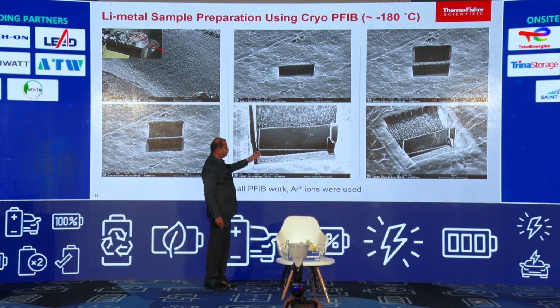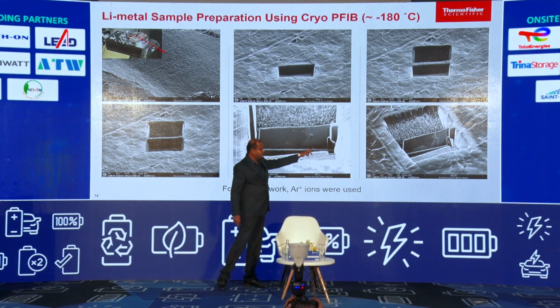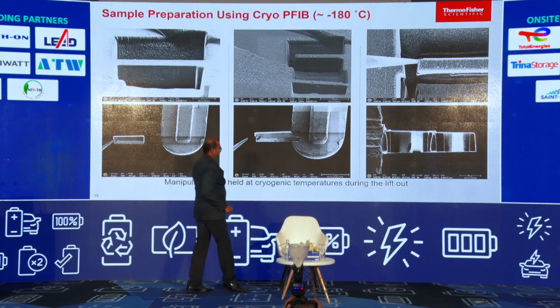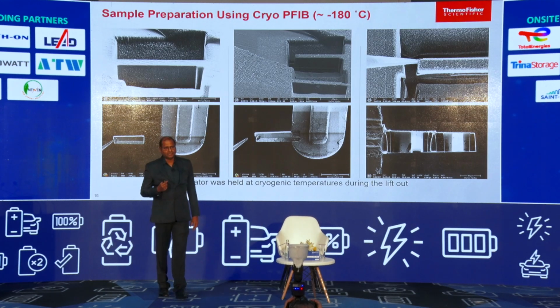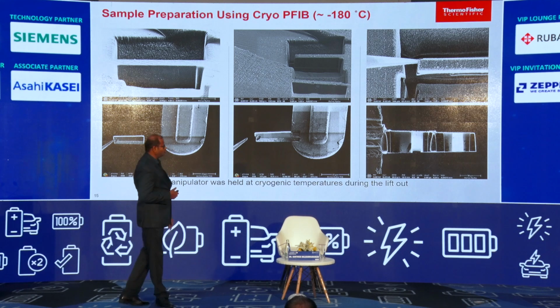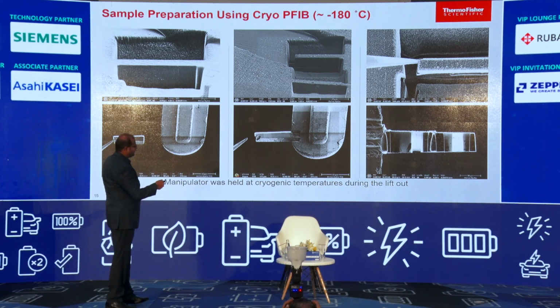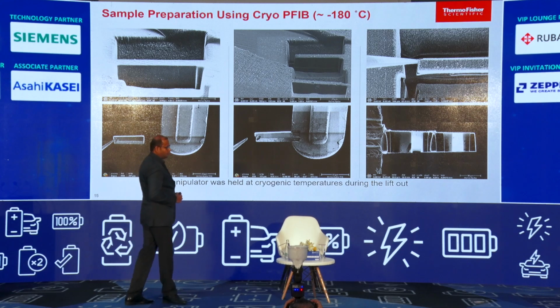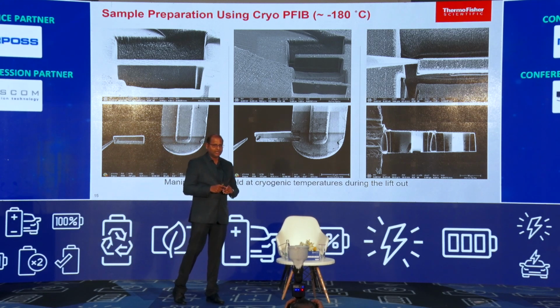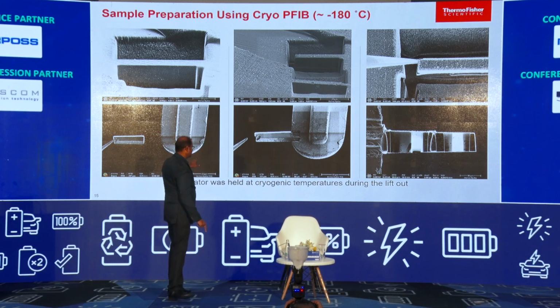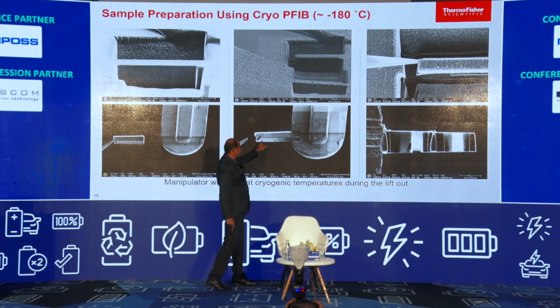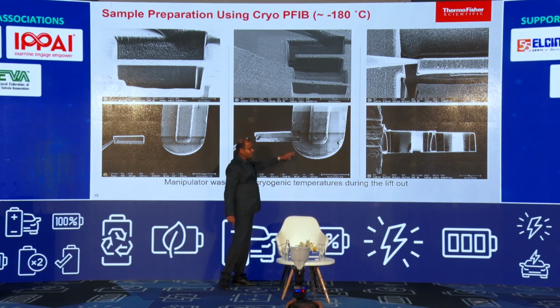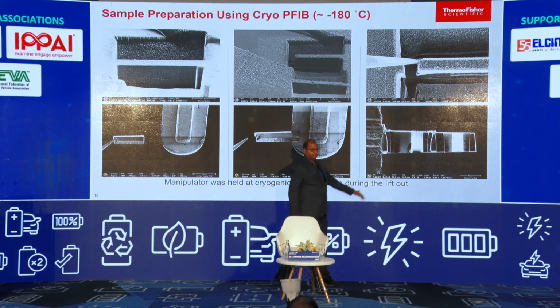Once the lamella is prepared, you do a U-cut, and with the U-cut, you can use a manipulator. Our own manipulator is used here to come and lift out the sample. Once the sample is lifted out, you can weld it to the half moon grid as shown in the image.